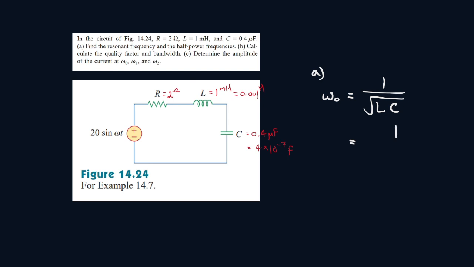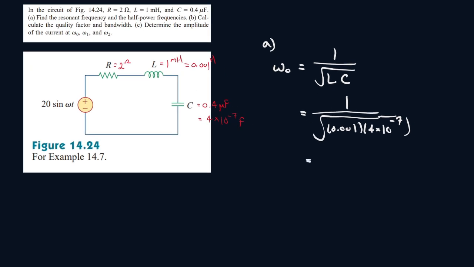So that will just be 1 over the square root of 0.001 times 4 times 10 to the power of minus 7. And that gives you 50,000 radians per second. So that's the first problem done.